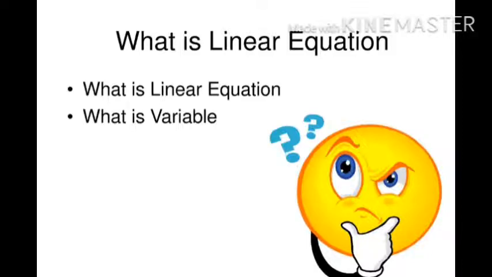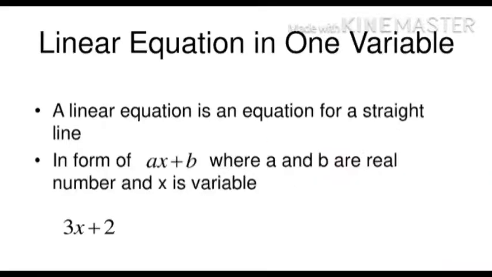Linear polynomial means the power of x is always 1. A linear equation is an equation of a straight line in the form of ax plus b, where a and b are real numbers and x is the variable, like 3x plus 2. Now see, in the equation 3x plus 2, the power of x is 1.